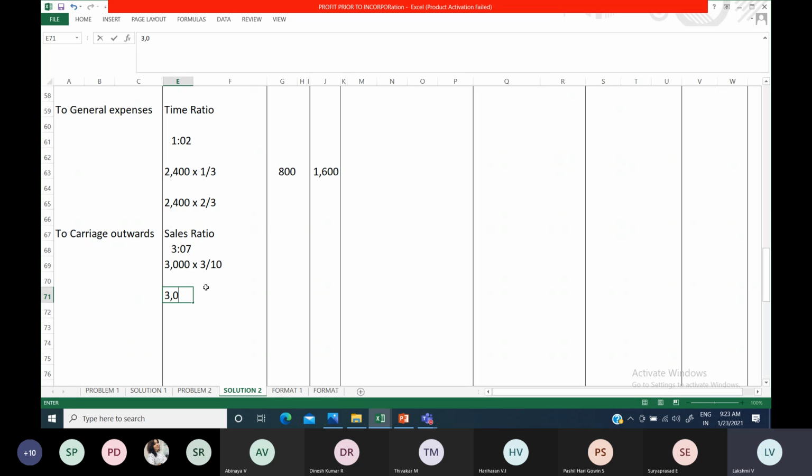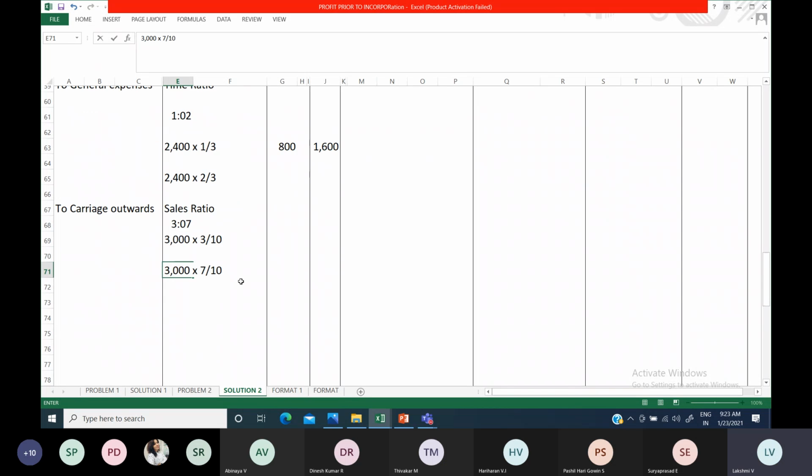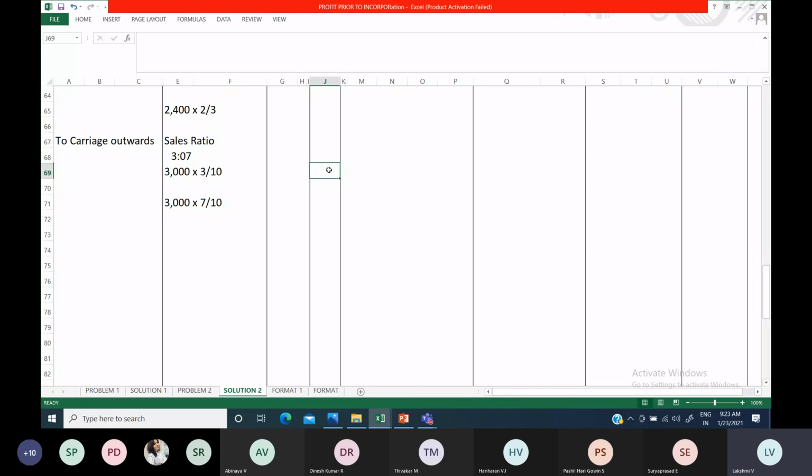Again 3000 into 7 by 10. So just mention the amount under pre-column and post column. 3000 into 3 by 10. 900, ma'am. 900. So here the amount will be 2100. Right. So this is your carriage outwards.